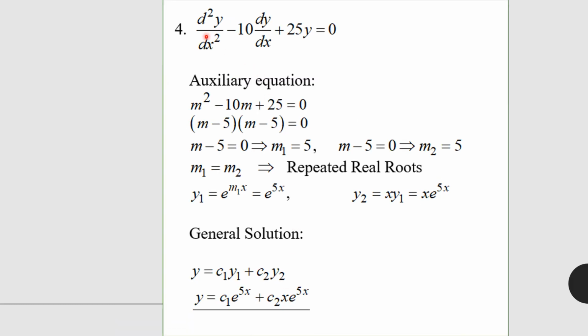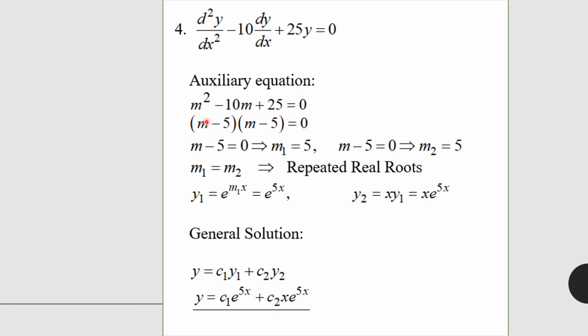The next question: d2y dx squared minus 10 dy dx plus 25y equals 0. Auxiliary equation: m squared minus 10m plus 25. This equation can be factorized. So we get m minus 5 times m minus 5 equals 0. We get the product of two factors equal to 0.